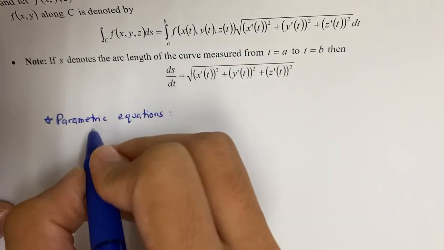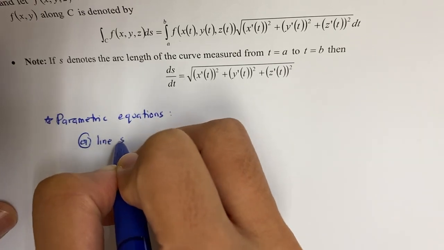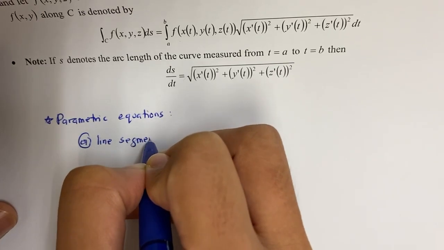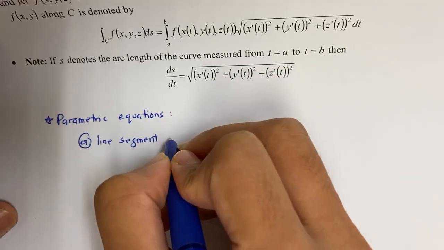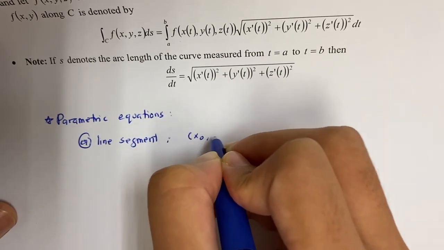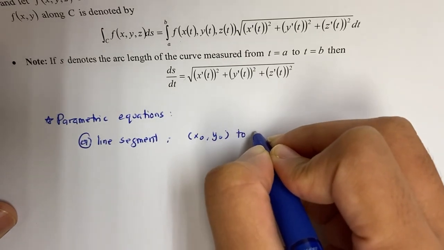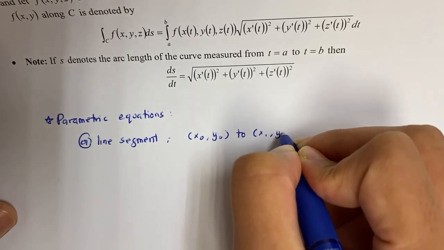Okay, the first one is the line segment. You need to remember this. For the line segment, let's say the curve moves from (x0, y0) to (x1, y1).